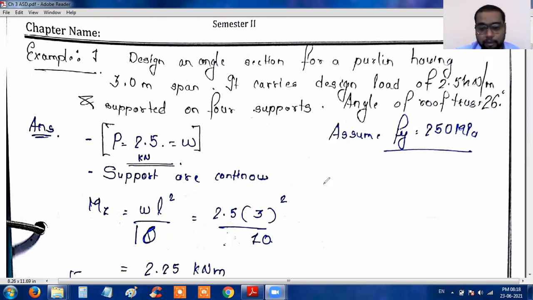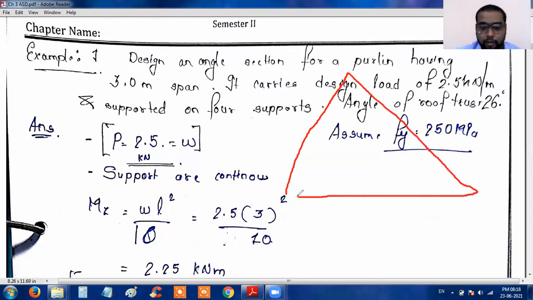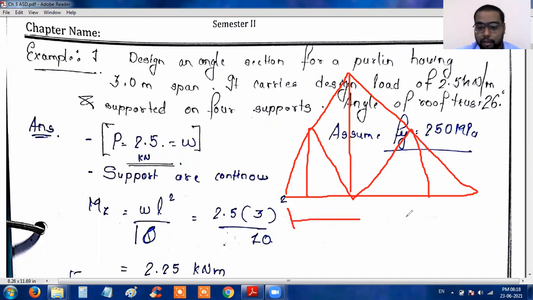It means this is your truss and these are the members, and your span given to you is 3 meter. This is span. It carries a design load of 2.5 kilonewton per meter.